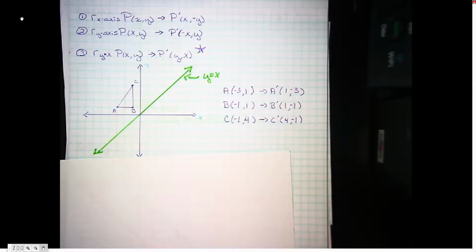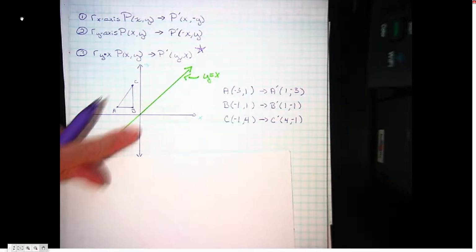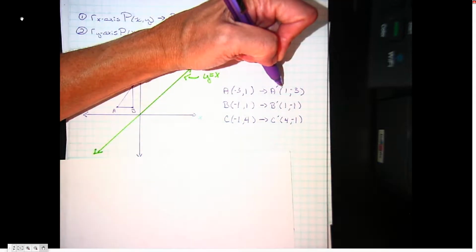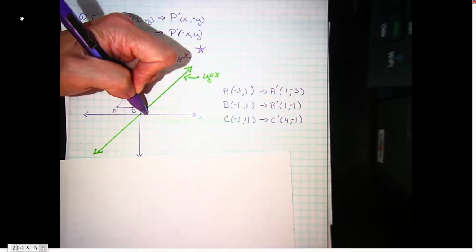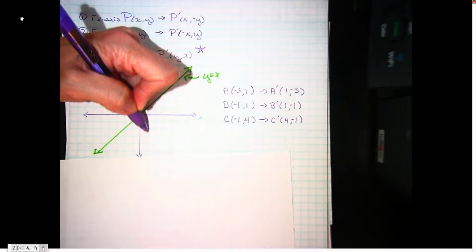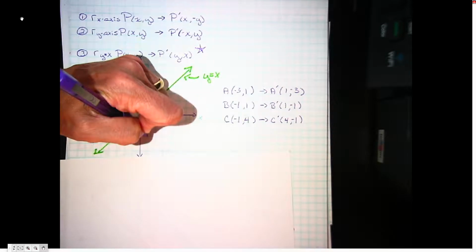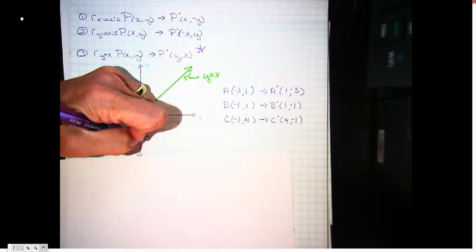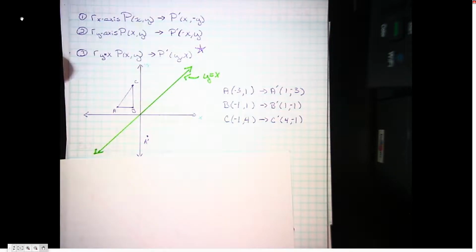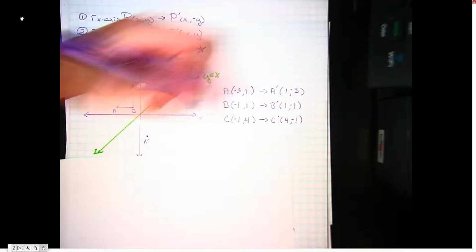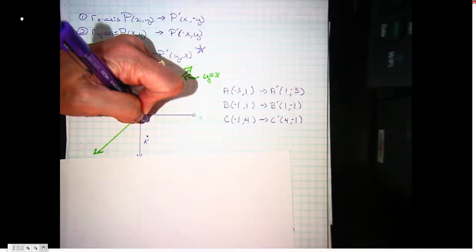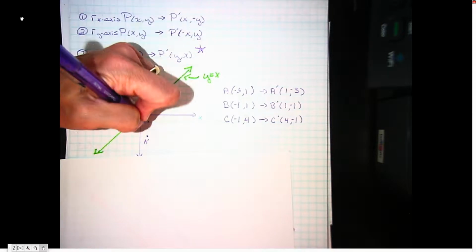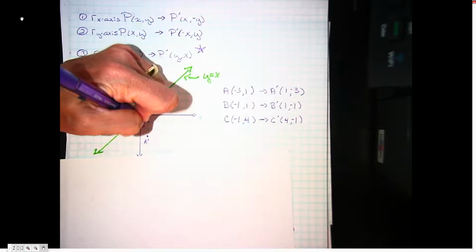So let's plot those and see what they actually look like. Let's start up here with A. I'm going to go over 1 and down 1, 2, 3. And that's going to be my A prime. B prime is going to be at 1, -1. So that's B prime.